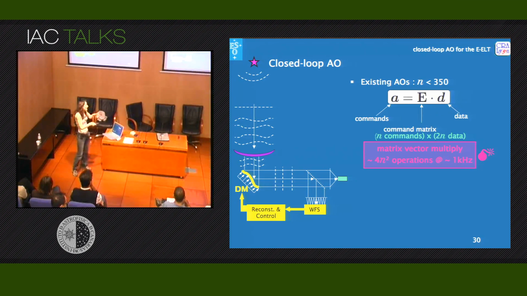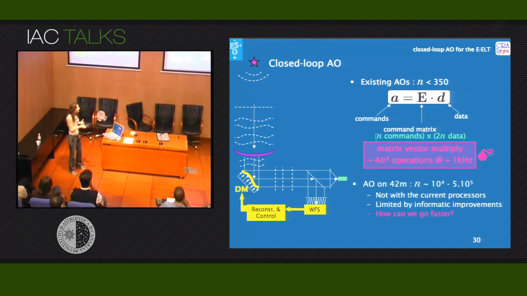So we have to do something different to apply the command of the deformable mirror on an extremely large telescope compared to what we do in the currently existing systems. So not only the estimation is important, but also the way you compute it, the algorithm.